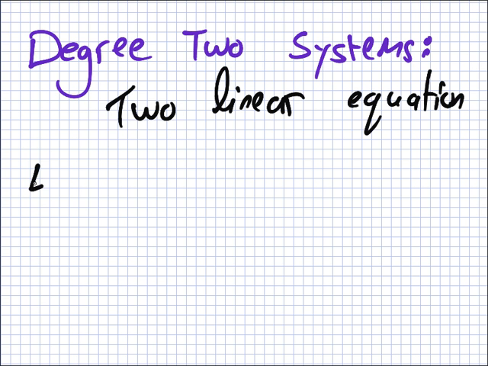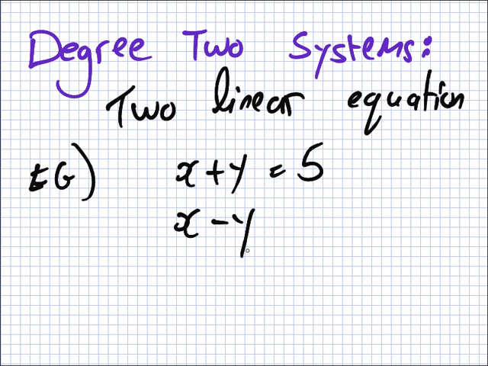So here's a simple example of one. Something like x plus y equals 5. And we'll say like x minus y equals 1. And it's our job to figure out the x and the y.